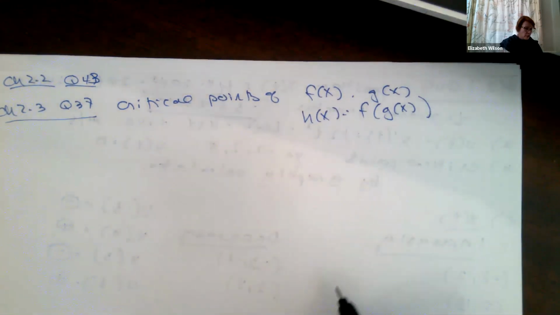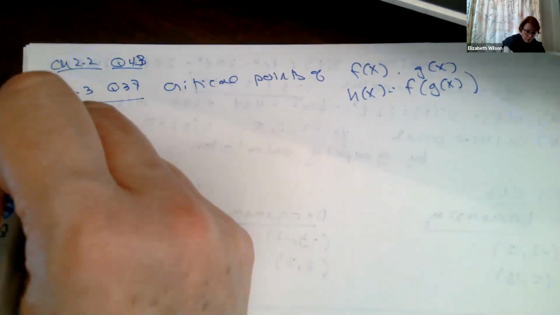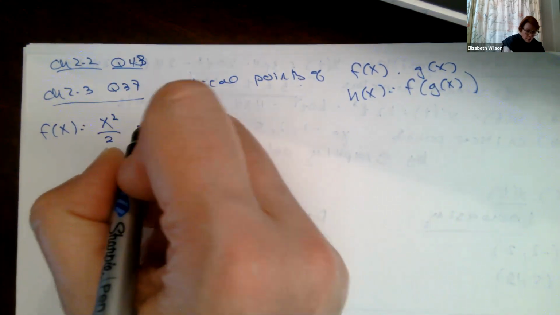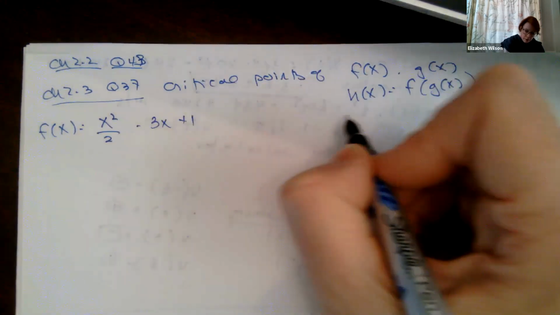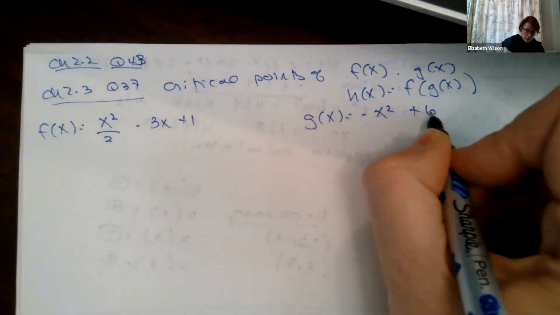So that's our function that we're looking at, right? And then we're given f of x equals x squared over 2 minus 3x plus 1. And I'll write it down this way. g of x equals minus x squared plus 6x.